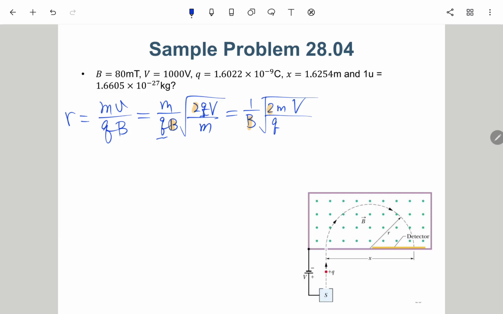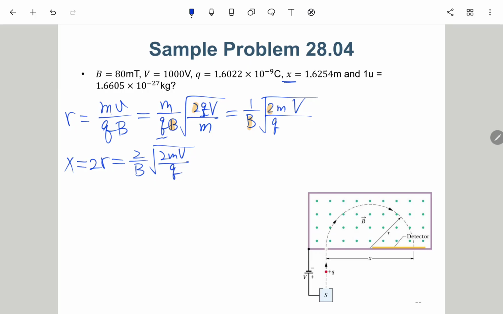Actually we know x. x is the parameter rather than the radius, which means that x is actually 2r. So that is 2 over B times the square root of 2mV over q.